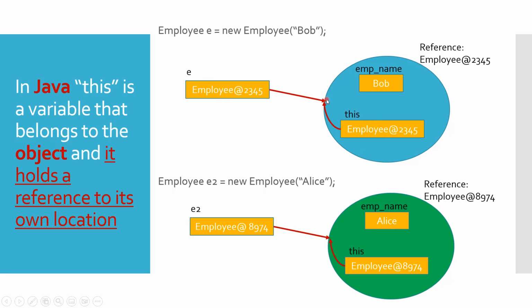It goes to that location and refers to the empName within that location. Similarly, the same line this.empName, running within this object, starts with the value stored in this, which is the reference of the object location, and then it knows that we are referring to empName within this location. So this is how it works in Java.